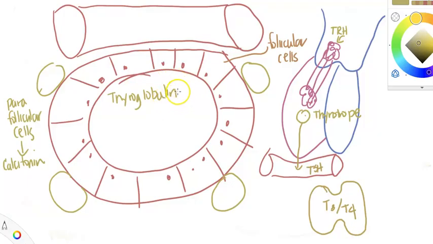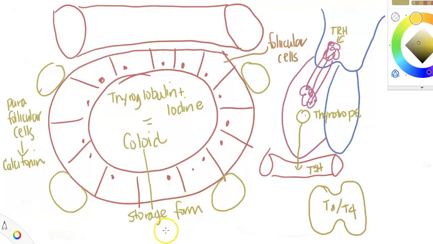When we add iodine to tyrosine, that's where we get the substance that is cut into T3 and T4. So thyroglobulin plus iodine is what we call colloid. Colloid is the storage form of T3 and T4.